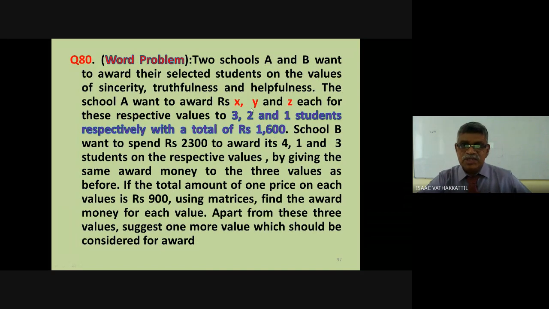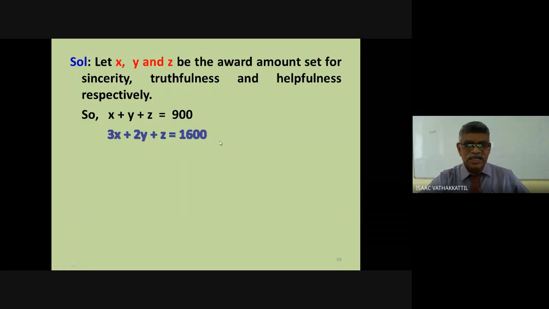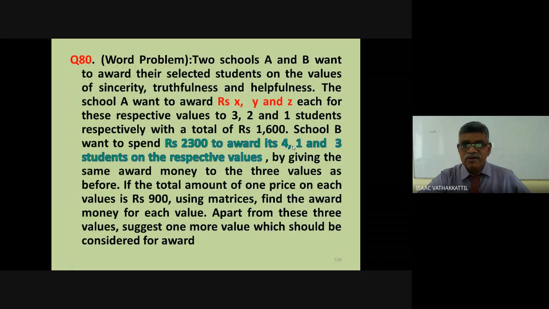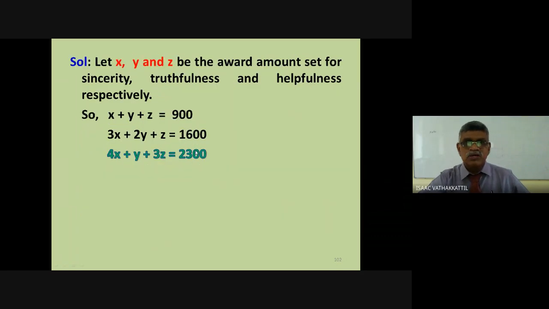That means 3x plus 2y plus z equal to 1600. Second equation. And the third equation is 4x plus y plus 3z equal to 2300.